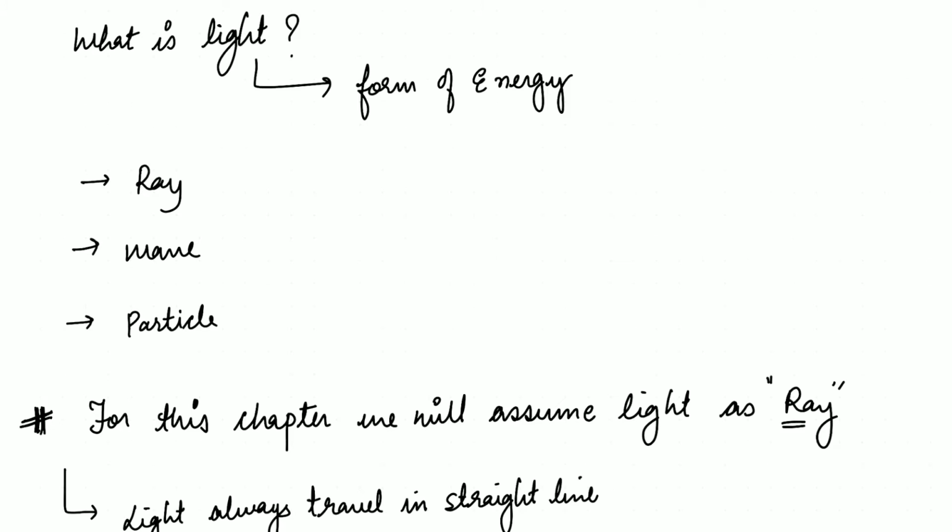You cannot be stubborn that light must be this or light must be that. See, light wants to behave as everything, right? So we have to consider that also. Light can behave as a ray, wave, particle, whatever way you want to take it. But majorly in this chapter we will assume that light is behaving as a ray, right?